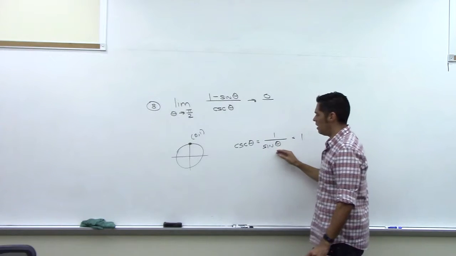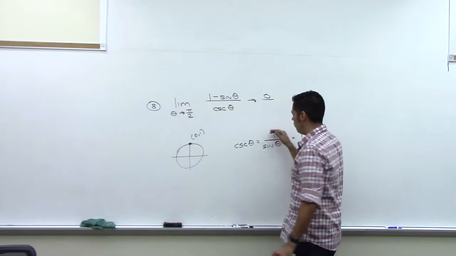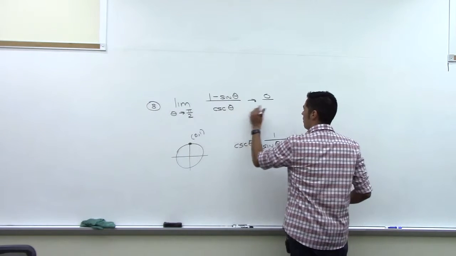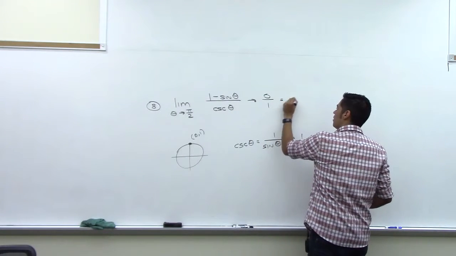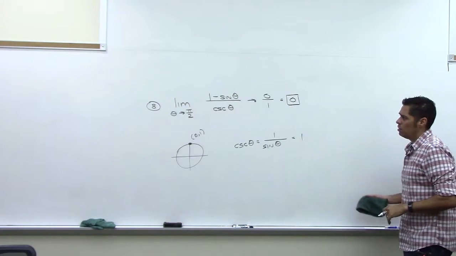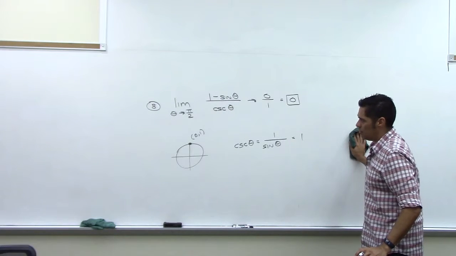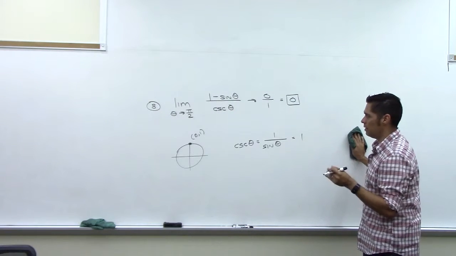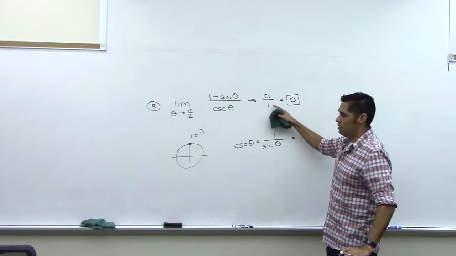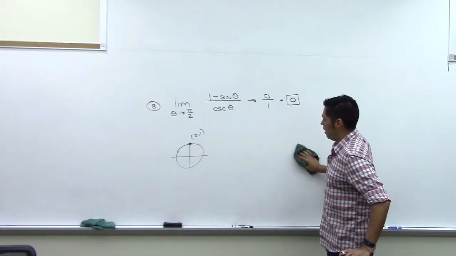Cosecant is 1 over sine. Sine of pi over 2, we just said is 1, that's 1 over 1. So this bottom part is just 1. 0 divided by 1 is 0. There's nothing to do here. There's no L'Hopital's rule at all. So I think this problem is just to illustrate, don't go trying to do L'Hopital on everything, because if it's not 0 over 0 or infinity over infinity, you can't use the rule. And in this case, we just have a nice clean answer and we're done.